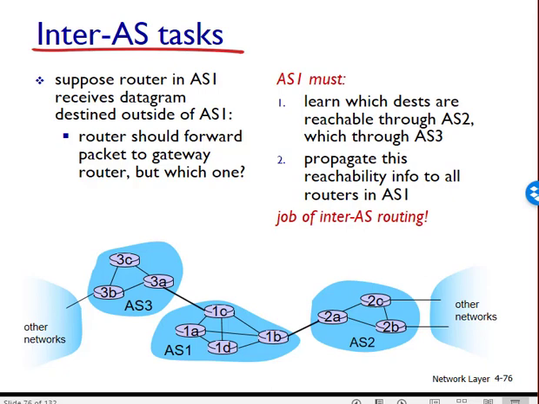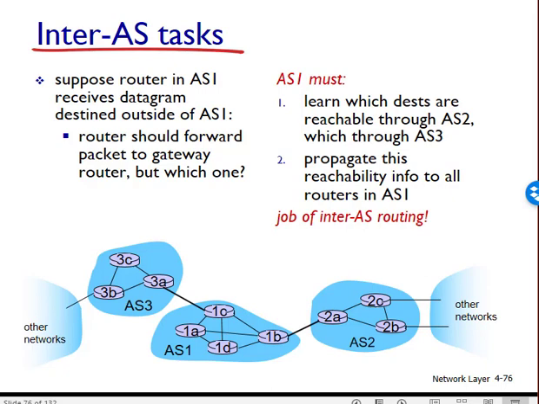These two tasks, obtaining reachability information from neighboring autonomous systems and propagating the reachability information to all routers internal to the autonomous system, are handled by the Inter-Autonomous System Routing Protocol. Since the Inter-Autonomous Routing Protocol involves communication between autonomous systems, the two communicating autonomous systems must run the same Inter-Autonomous System Routing Protocol.